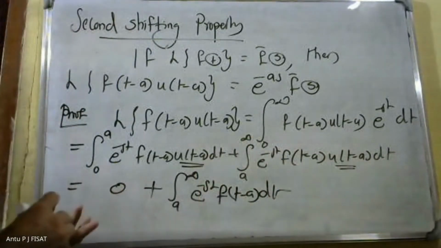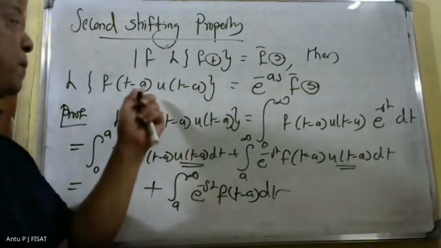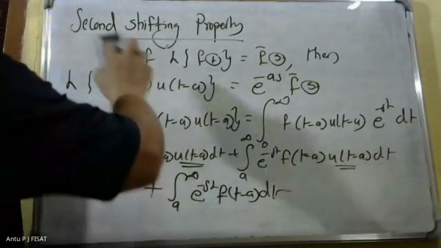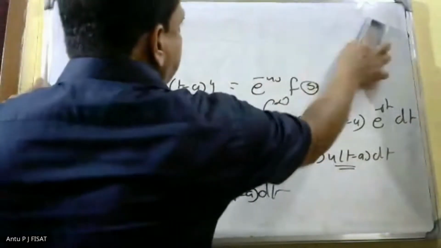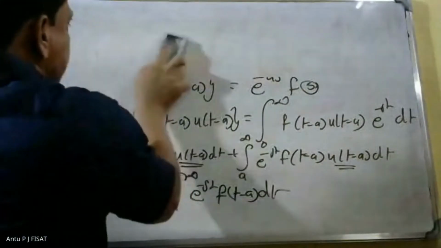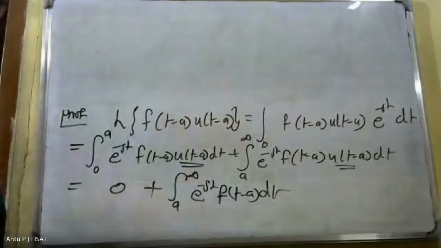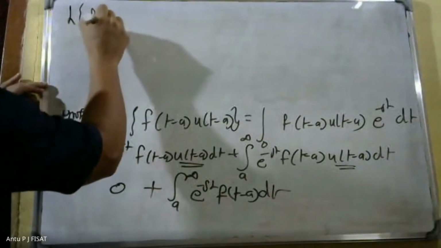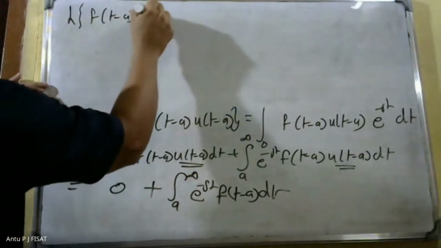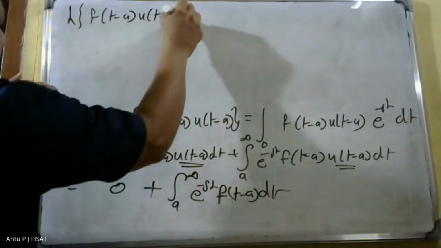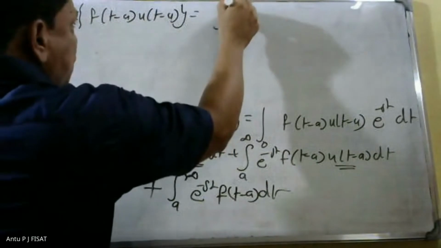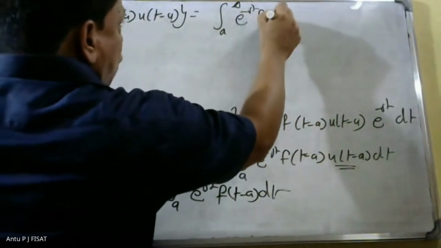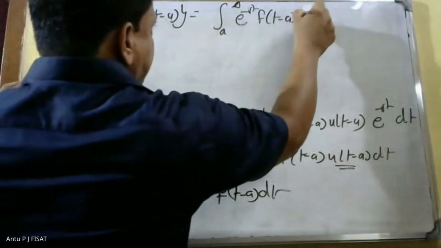Then we can integrate this function. Here, Laplace transform of f of t minus a into u of t minus a is equal to integral a to infinity e raised to minus st f of t minus a dt.